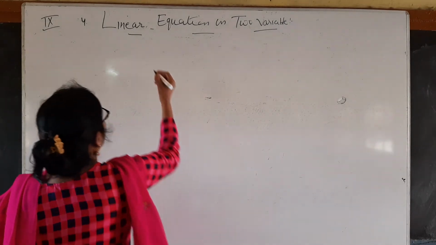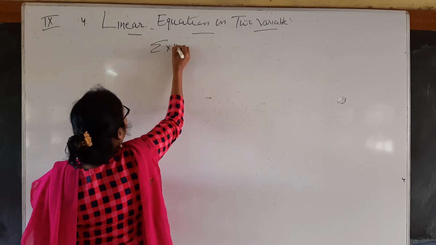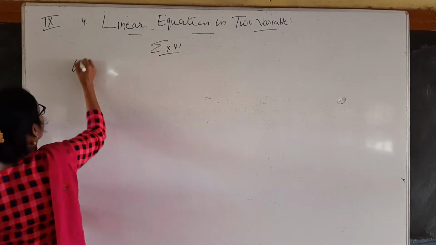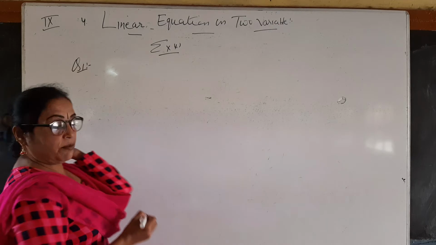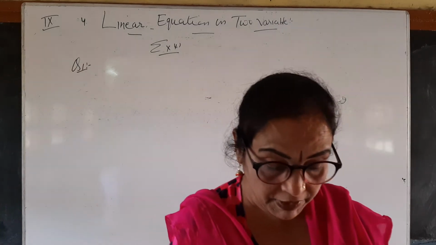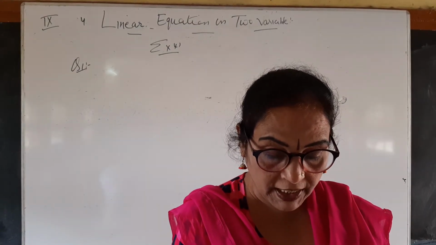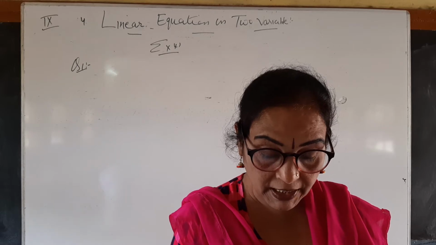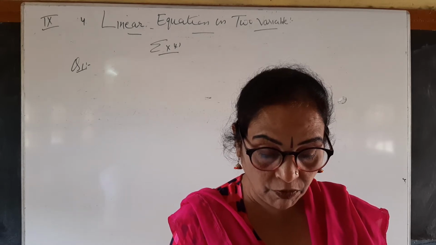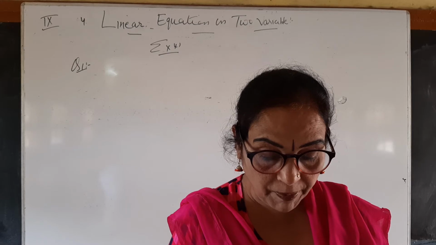Exercise 4.1, question number 1. See question number 1, what is given here? It is given: the cost of a notebook is twice the cost of a pen. Write the linear equation in two variables to represent the statement.